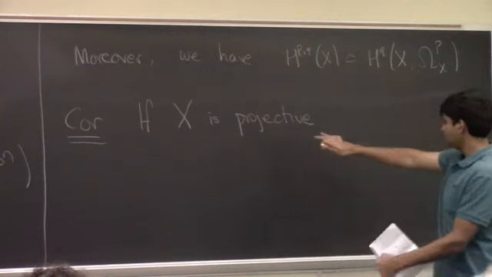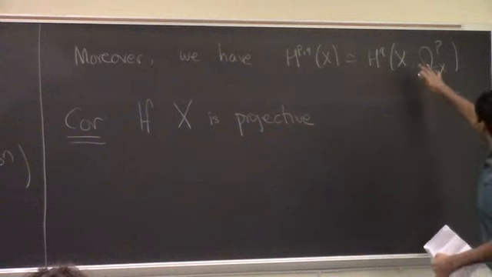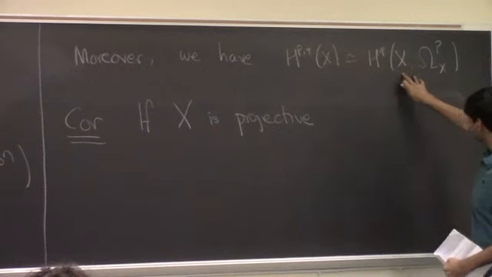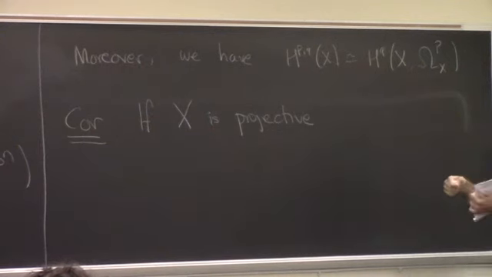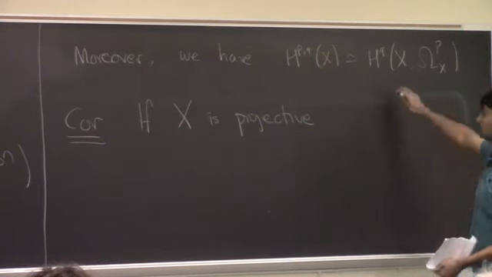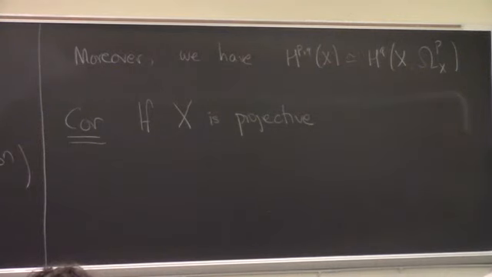And in this world of algebraic geometry, where things are defined by algebraic equations, you can calculate this entirely in the setting of algebraic geometry, meaning without ever leaving complex geometry. So for example, if I give you the equations that define X inside projective space, you could put that into a computer, and the computer would tell you what the dimensions of these vector spaces are. It's a very algebraic calculation.